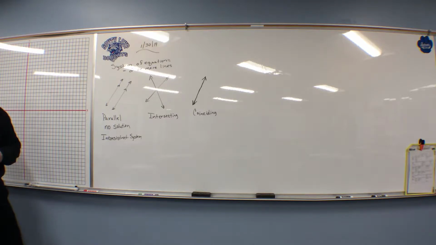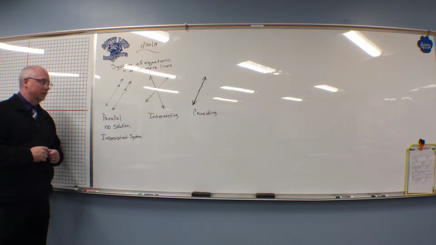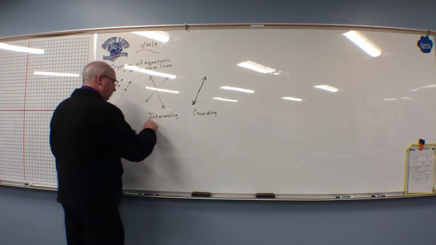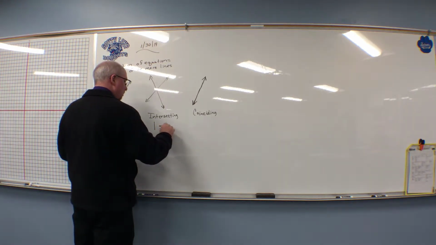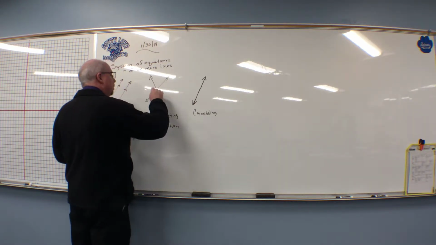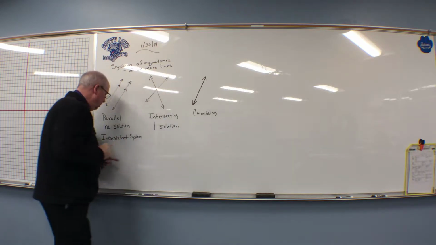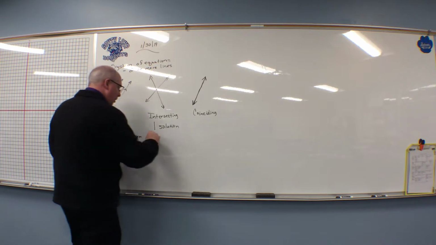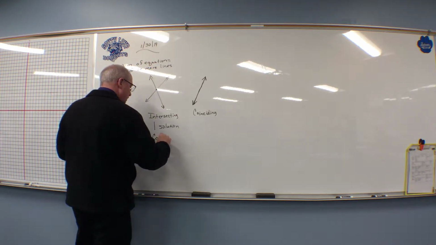Let's take a look at the intersecting. Does it have a solution? Yes. One solution. In other words, it touches in one spot. So can it be inconsistent? No. It's called consistent.